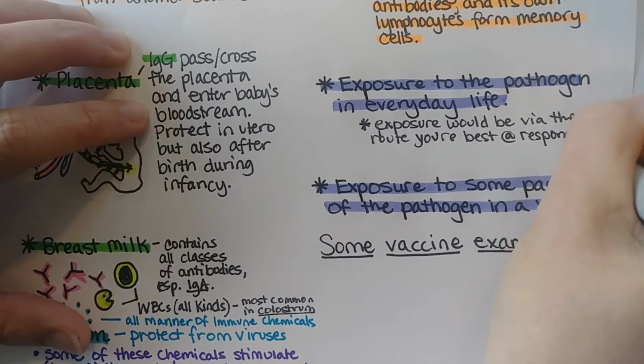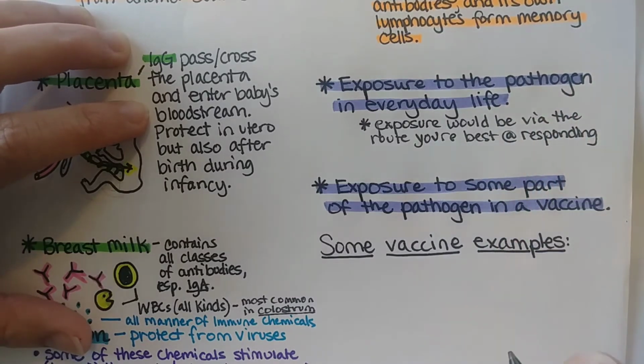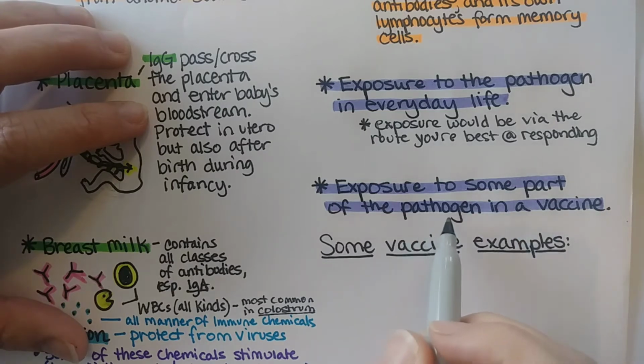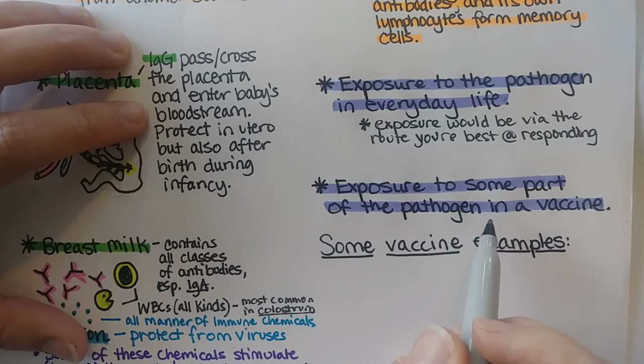So what I mean by that, if it's a GI virus, it would end up on your GI mucous membrane. If it is a bloodborne pathogen, it would then end up in your blood. If it's respiratory, it would be on the respiratory. Whereas a vaccine is generally just injected straight into your bloodstream, even if normally you would encounter the pathogen on a mucous membrane.